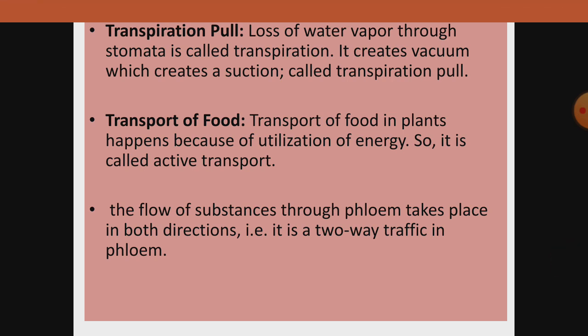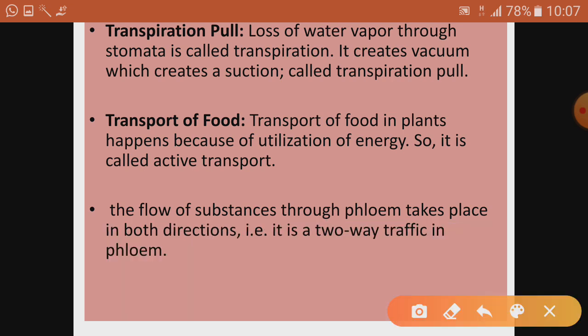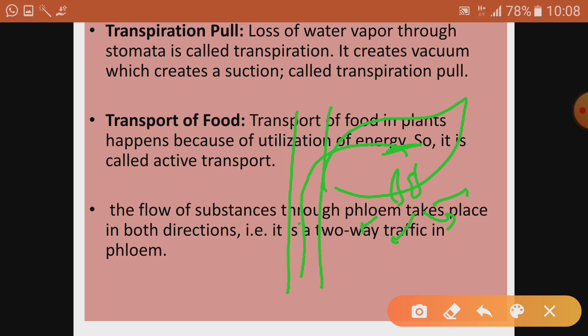You can see here with the help of this diagram that, for example, this is a leaf and the stomata are present on the undersurface of the leaves. Because of the transpiration, that is the loss of water in the form of water vapor, a suction pressure is created here, a vacuum, an empty space, which will try to pull water in upward direction.